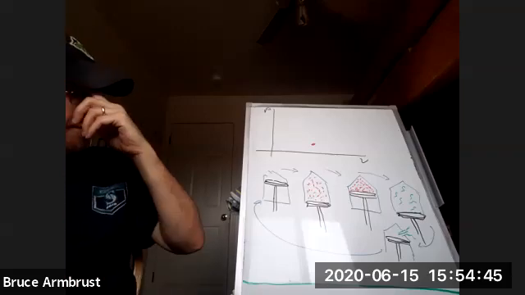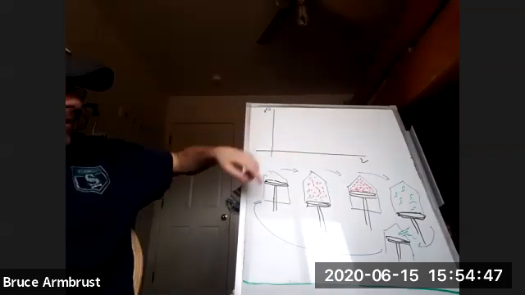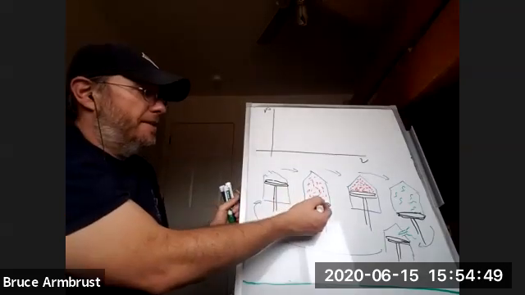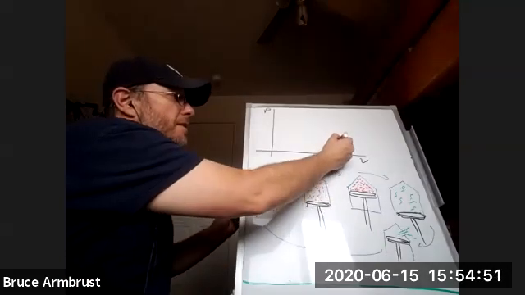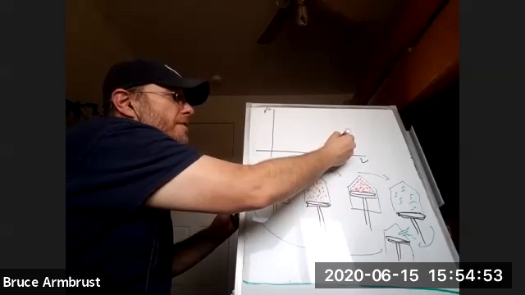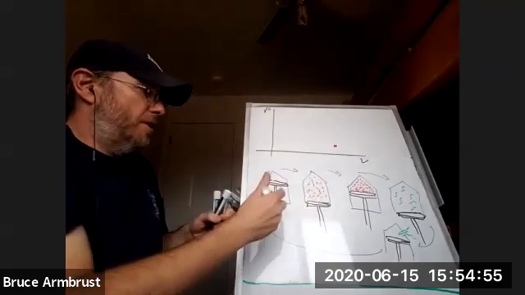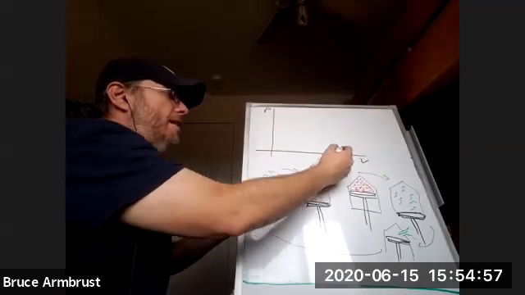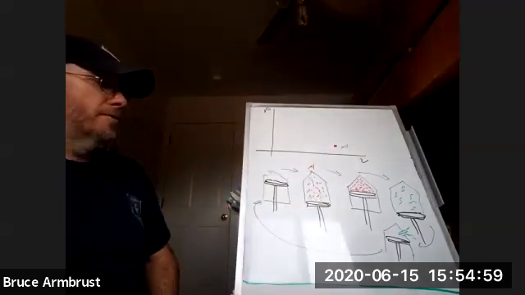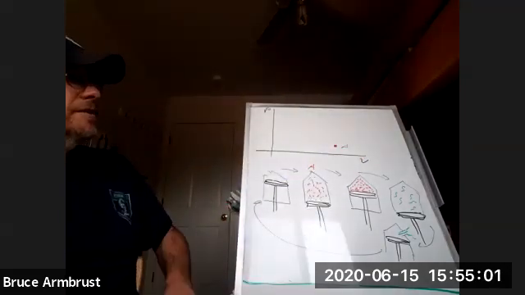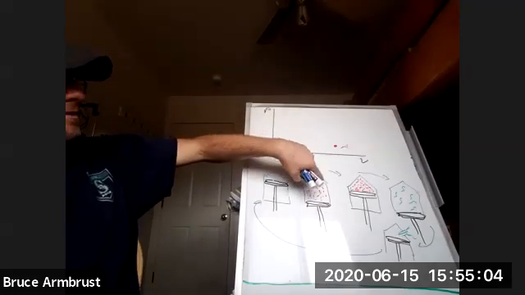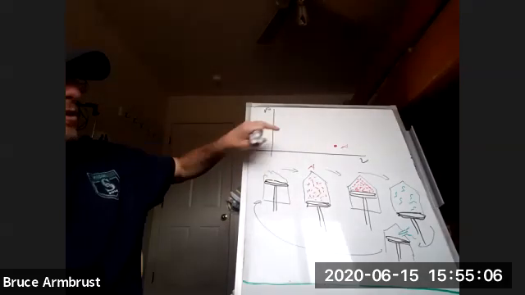Actually, you know what? Let's do this. Let's be at this point in our cycle. All right, so I'm going to call this one A. That's where we are. So we have full tank, so big volume, low pressure.